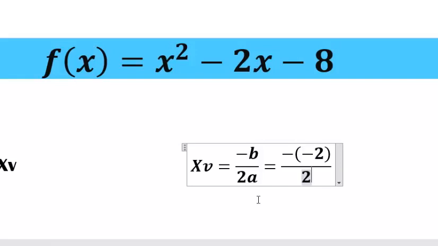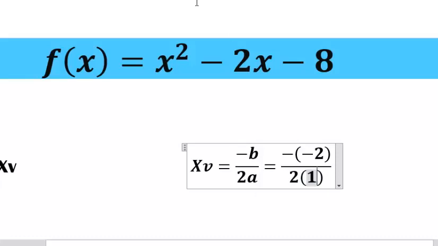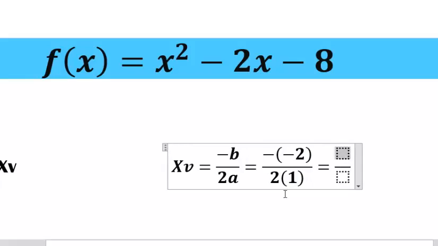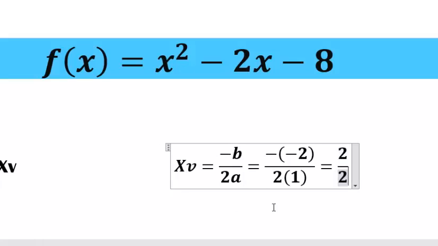Under the line, I'm going to put 2 times a. Remember that a is 1 in this case. And let's do these operations. Minus and minus will be positive. 2 times 1 is 2.